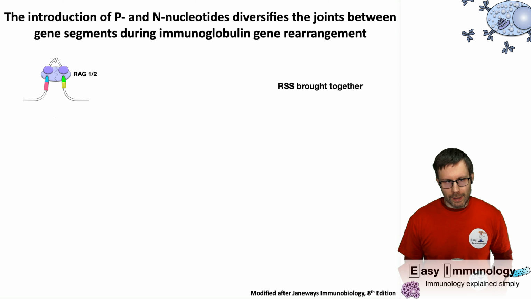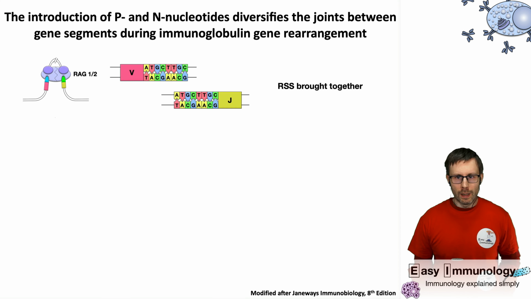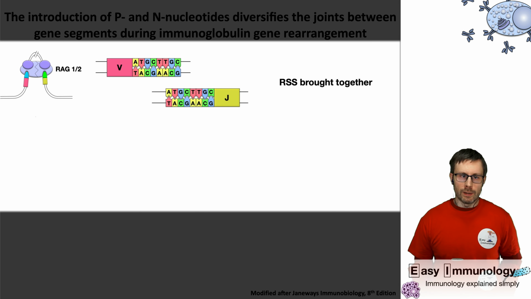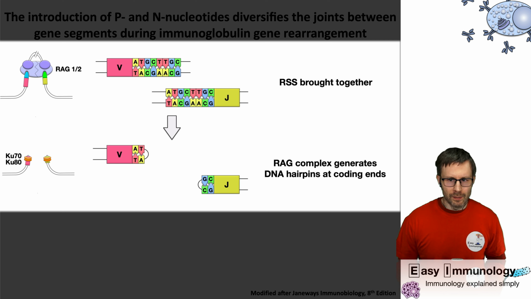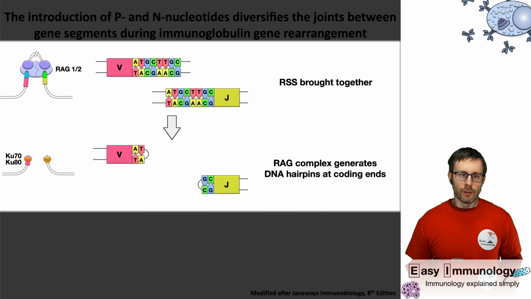So if we look again at the stage where the 2 RSS stretches are bound to RAG 1 or 2, this looks like this. You have the pink V segment and the yellow J segment, and you have some additional sequence information or part of the sequence information of these genes. And then we form these hairpins at the coding ends, and you see that there's stuff missing on both segments.